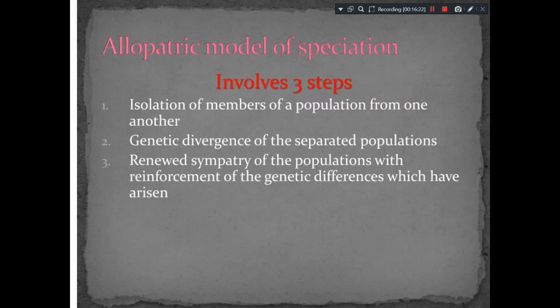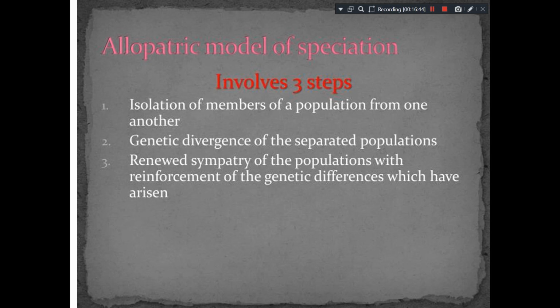Any allopatric speciation has three steps. The first step is some members of the population should isolate from the main population. First, there will be isolation of the members of a population from one another.